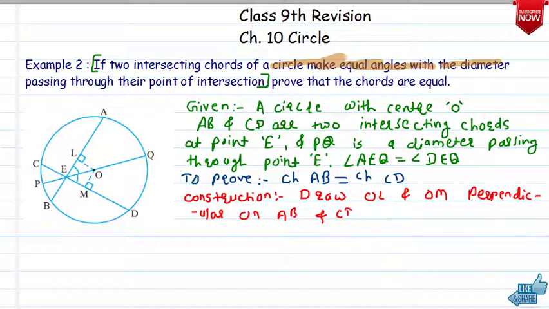So these are the perpendiculars on AB and CD. Now it's time to write the proof. The proof is really very simple.